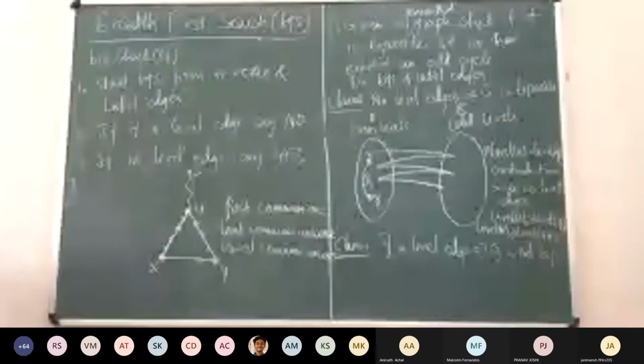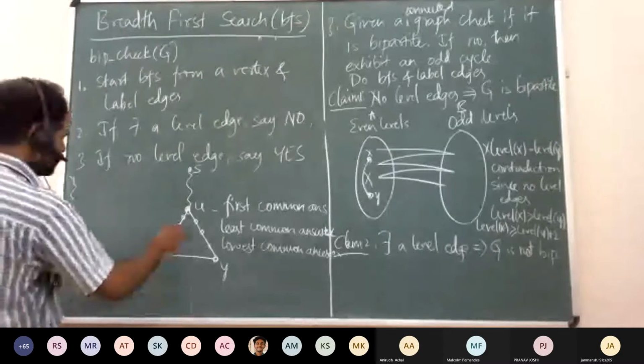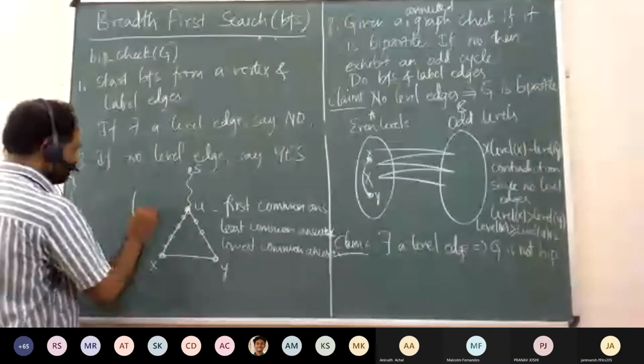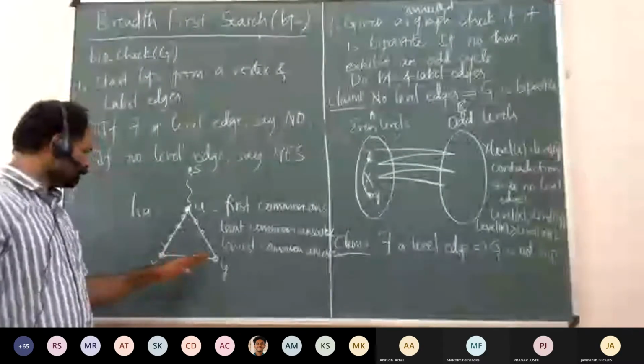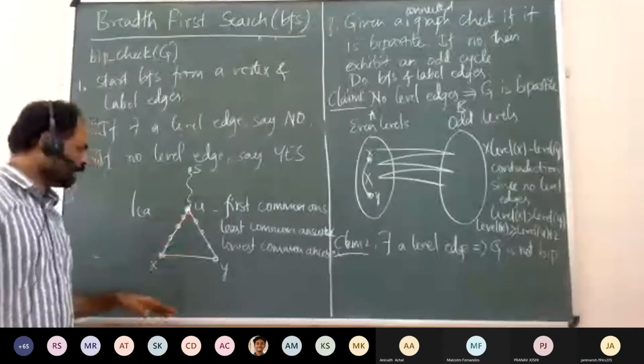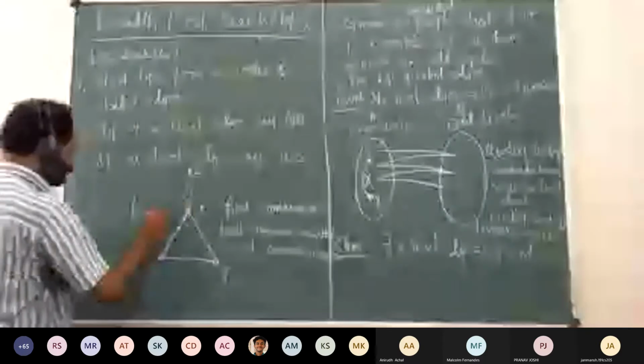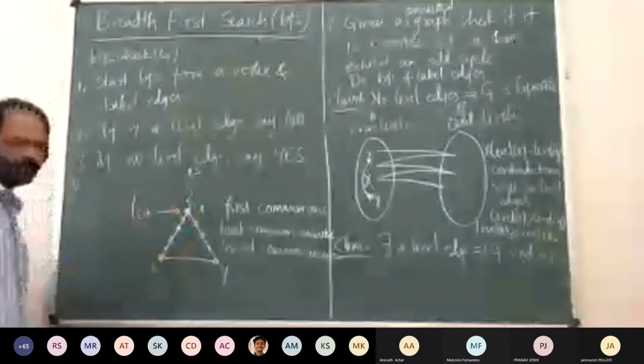Generally, in literature, least common ancestor or lowest common ancestor is used, LCA. So you go from X and Y and you look at the least common ancestor. Suppose that least common ancestor is U.